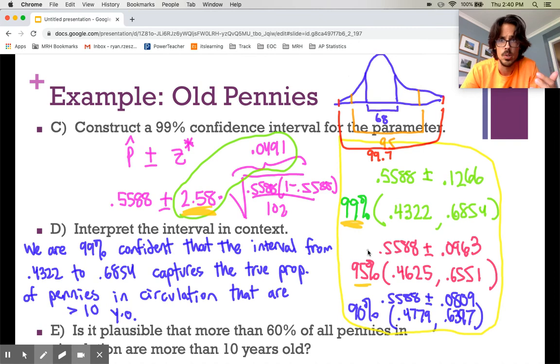Now you may ask yourself, what is the best confidence level? Wouldn't you want to be right almost all the time and use a 99% confidence interval? Well, in my 99% problem, my margin of error was about plus or minus 12%. When I switched it to a 95, that brought it down to like a 9%.